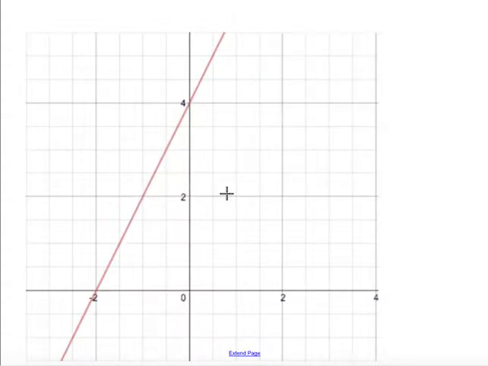And when I do that, I want to make sure that I'm using points that are exactly on the line. So like right here at -1, 2, that hits it exactly on the line, and then going straight up to this point here.